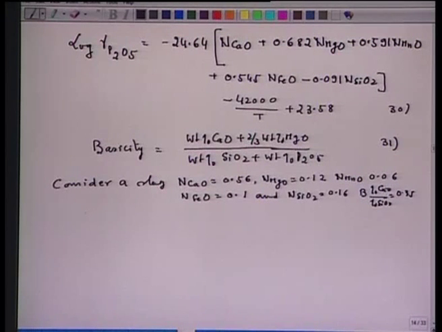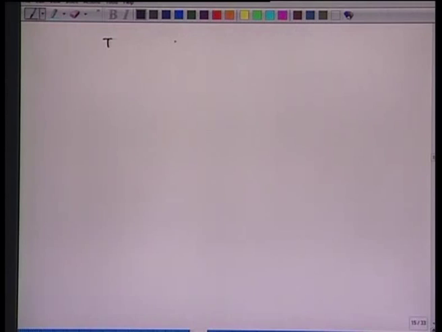Now, let us calculate gamma P2O5 at different temperatures. So, for example, I take here temperature, log gamma P2O5, and gamma P2O5.